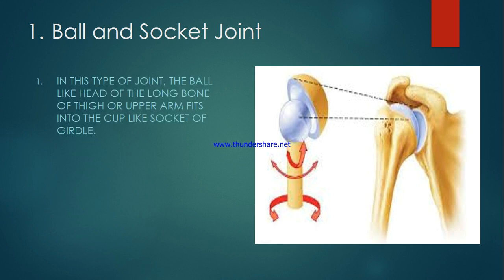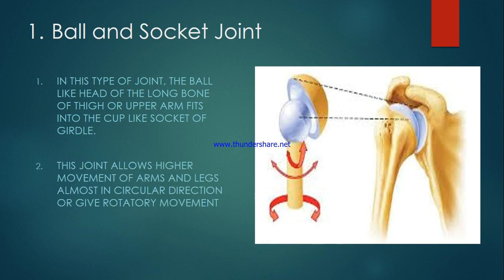As you have observed in the given diagram, in this type of joint, the ball-like head of the long bone of thigh or upper arm fits into the cup-like socket of girdle. This joint allows higher movement of arms and legs almost in circular direction or gives rotatory movement.